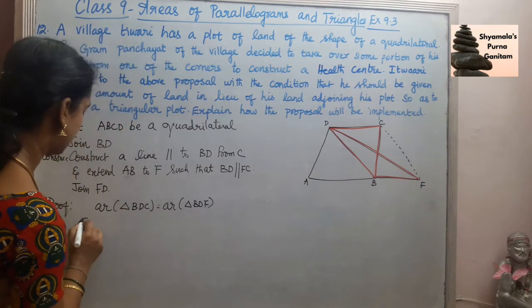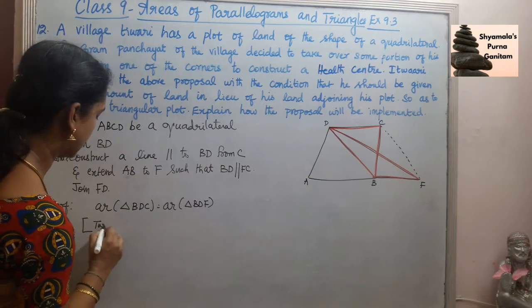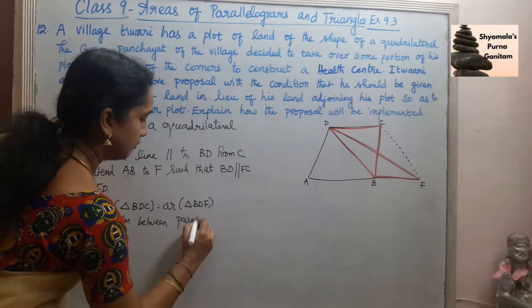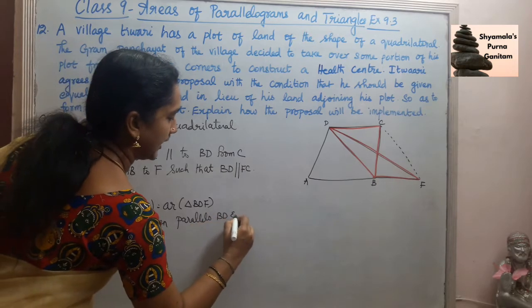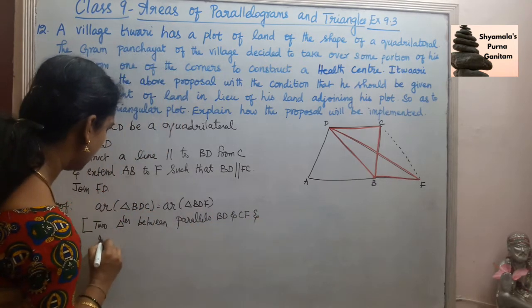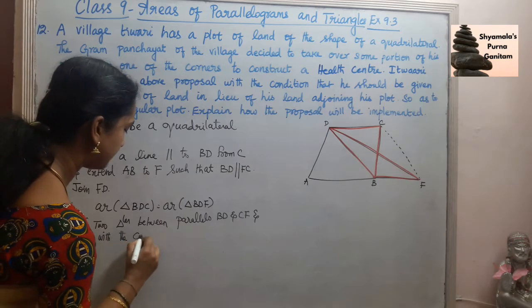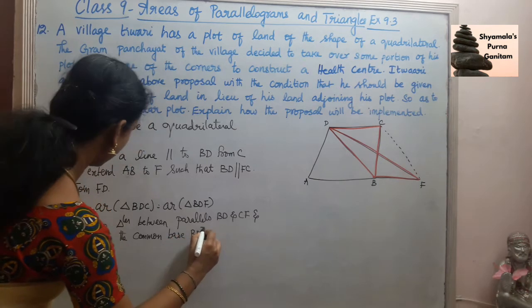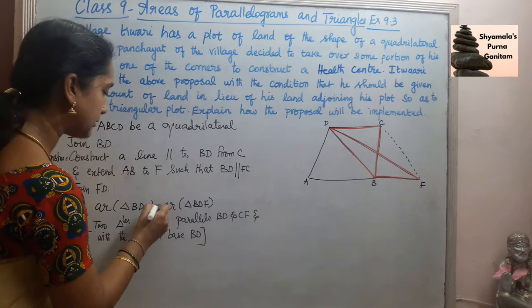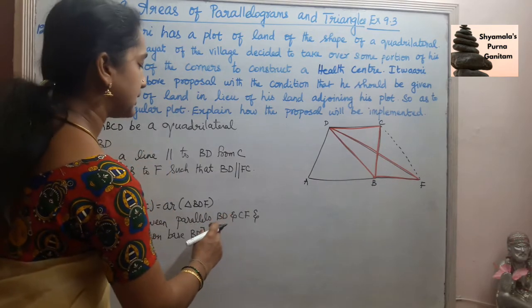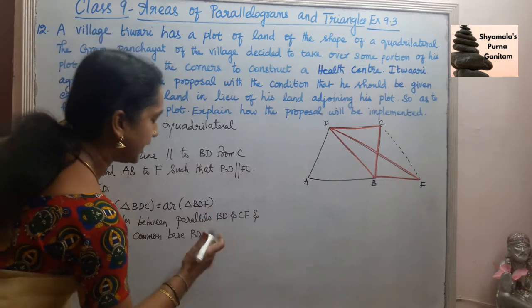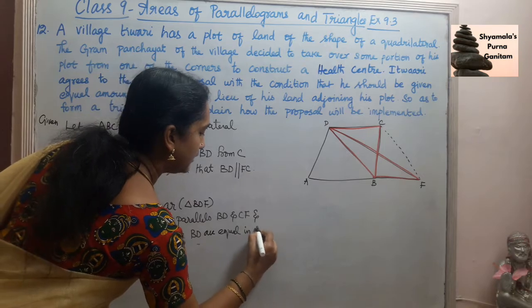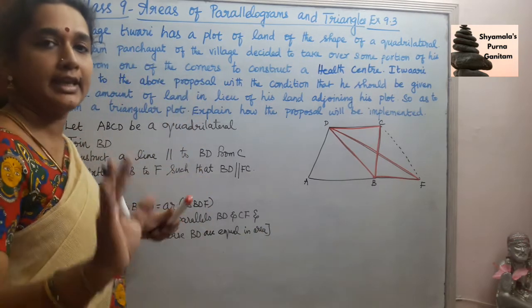Two triangles between the parallels BD and CF and with the common base BD are equal in area. So both the areas of the triangles are equal.